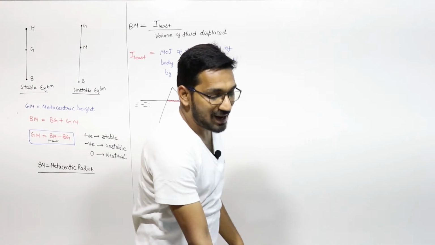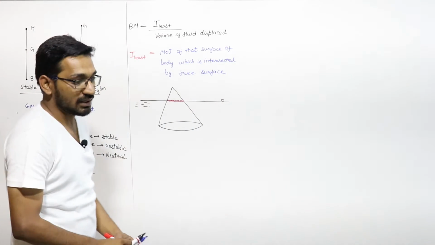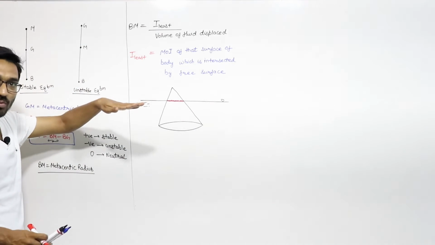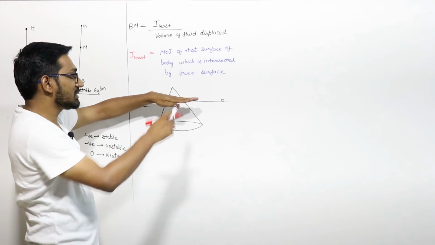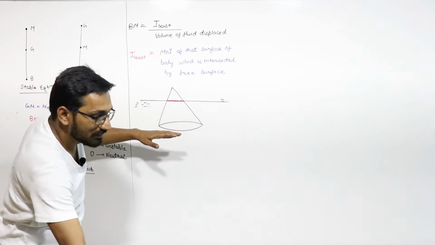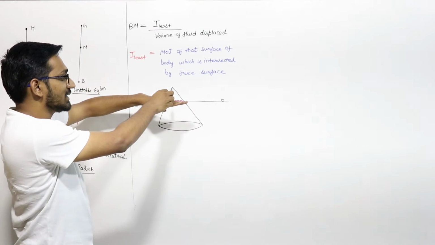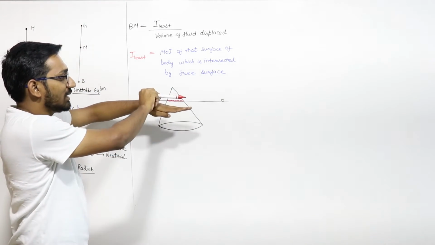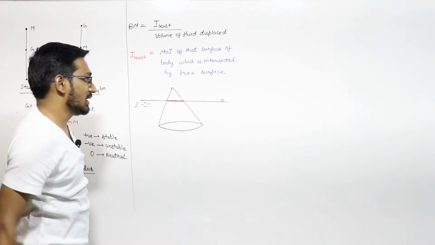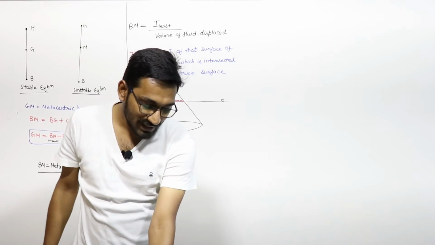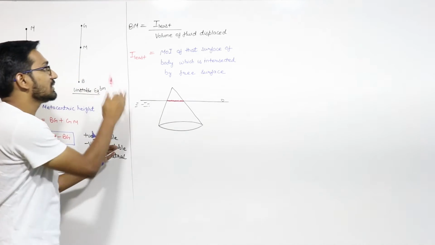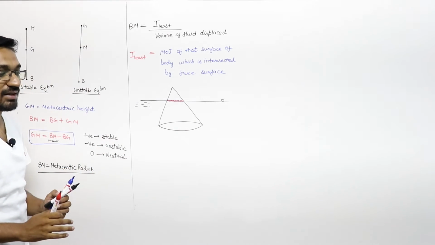Out of these you have to take the least moment of inertia. One is about this y axis, and one is about this x axis. So you have to take the least moment of inertia in the calculation of your metacentric radius.